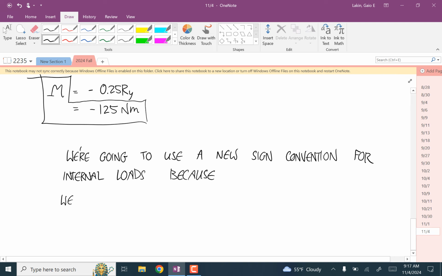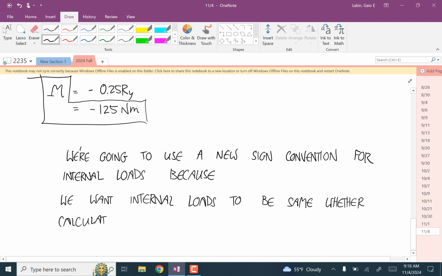So we want internal loads to be the same whether we calculate from the left or the right.